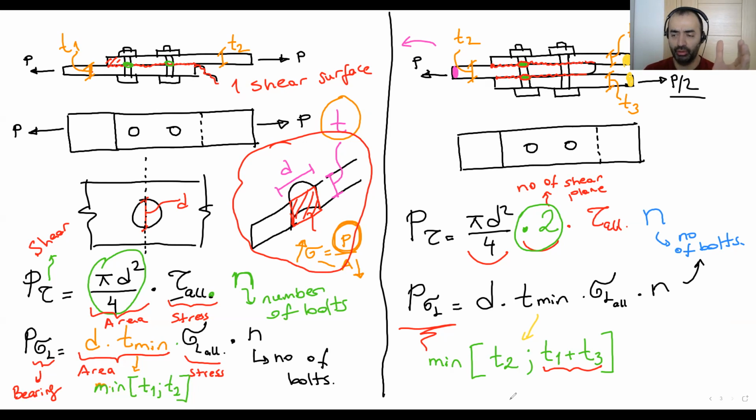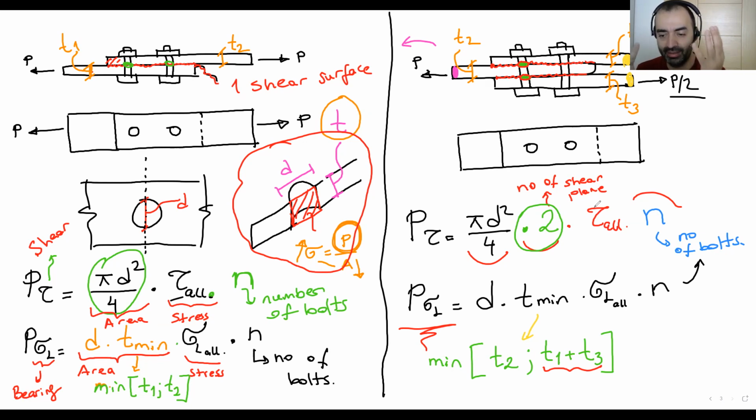If you don't consider the N at the end, you only get the capacities for one bolt. If you multiply by the total number of bolts, it gives you the total capacity of the bolts. Keep this in your mind. Now, the question is this. We have shear capacity and bearing capacity of the bolts, total or for one bolt, whatever.